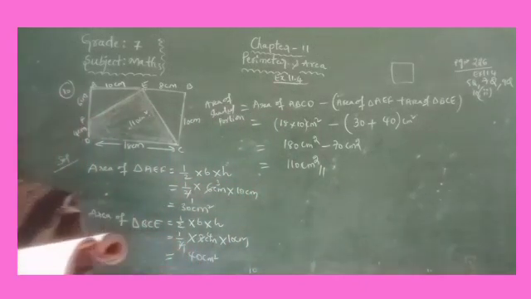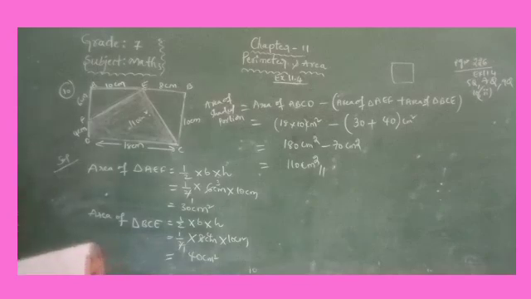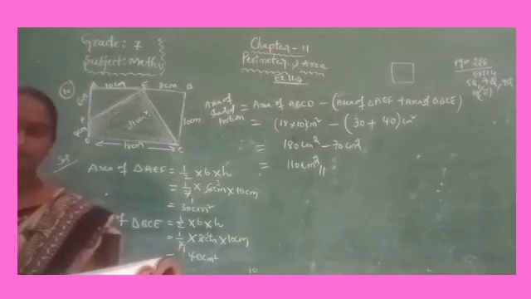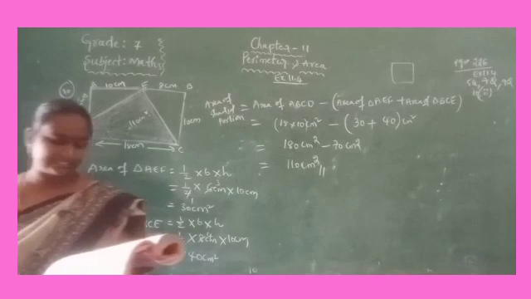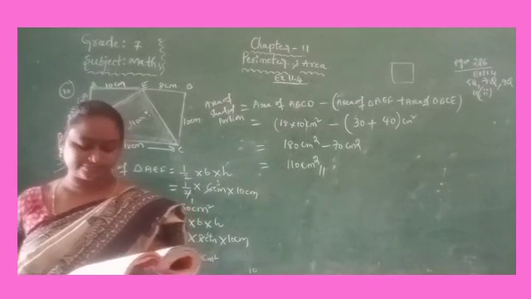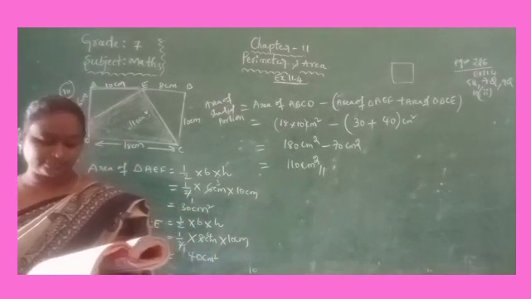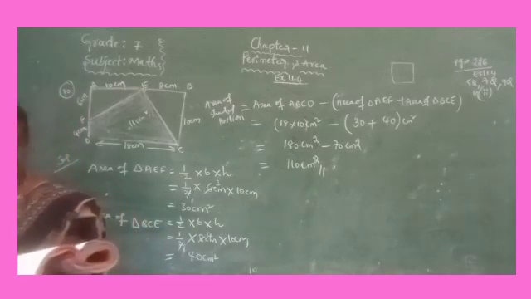So finally, see the 11th question. Find the area of the quadrilateral ABCD. Here AC is equal to 22 centimeters, BM is equal to 3 centimeters, DN is equal to 3 centimeters, and BM is perpendicular to AC, DN is perpendicular to AC.